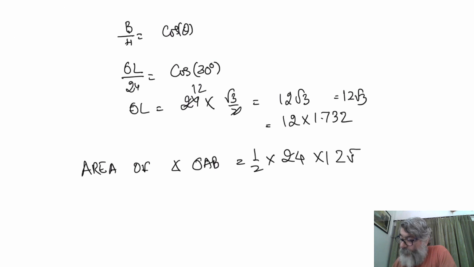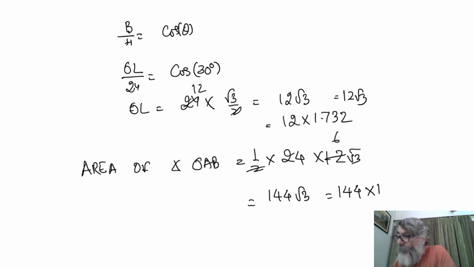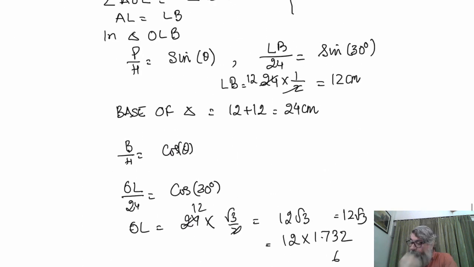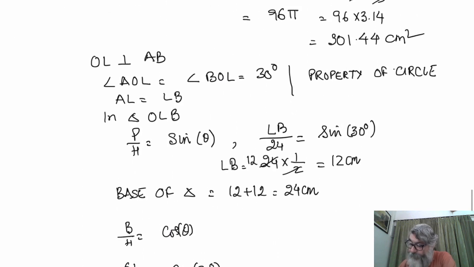So 2 sixes are 12, so it will come out to be 144 root 3, and 144 into 1.732 we have calculated, that has come out to be 249.408 centimeter square.